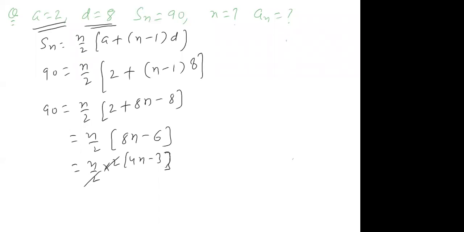Okay. So now you have 90 is equal to n into 4n minus 3. This will come.